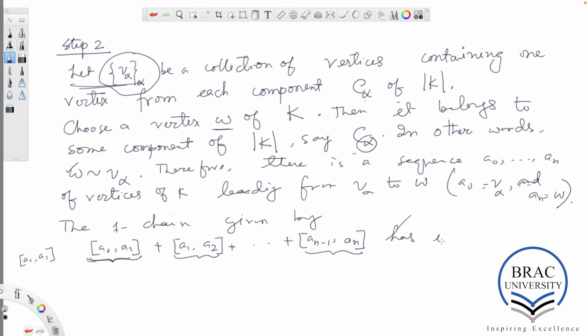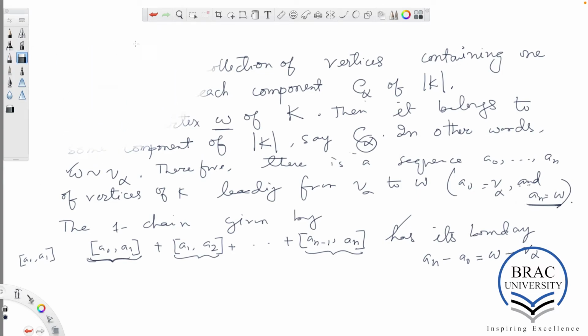Its boundary is equal to AN minus A0. But AN is taken to be W and A0 is taken to be V alpha. Okay, so we have chosen a one chain whose boundary is given by W minus V alpha.